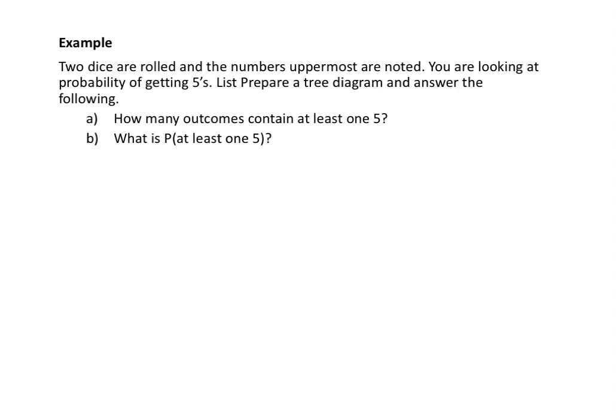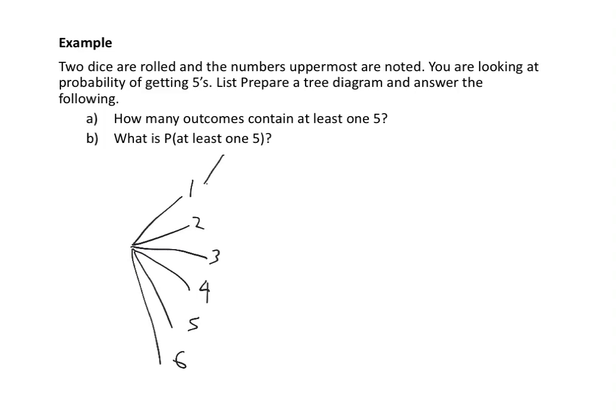So the first step is going to prepare a tree diagram. Now there's a couple of different options around preparing this tree diagram. The first is we could prepare a diagram that has 1, 2, 3, 4, 5, 6, and then another series of 6 for each of those.